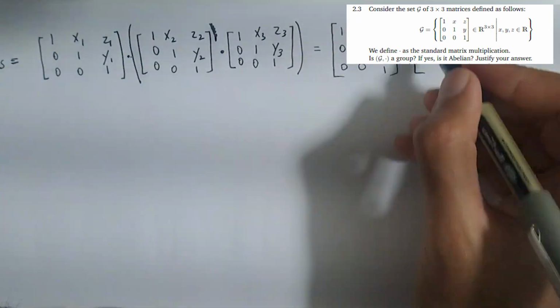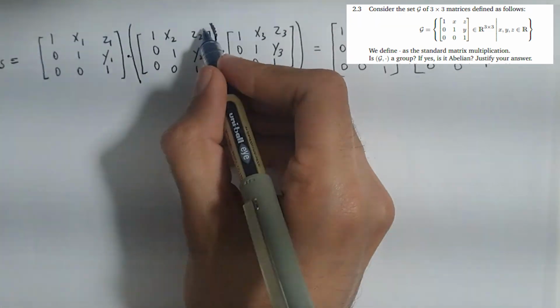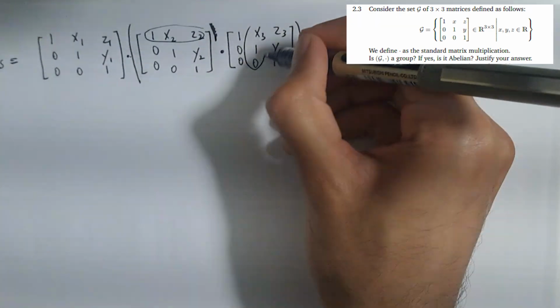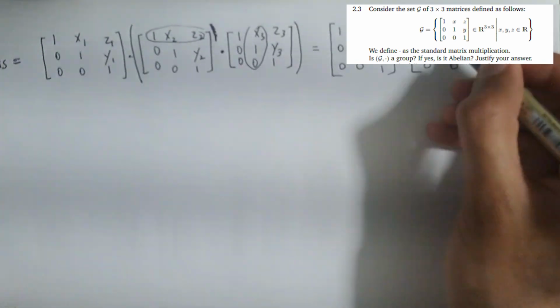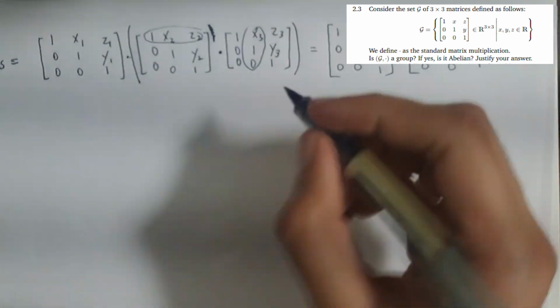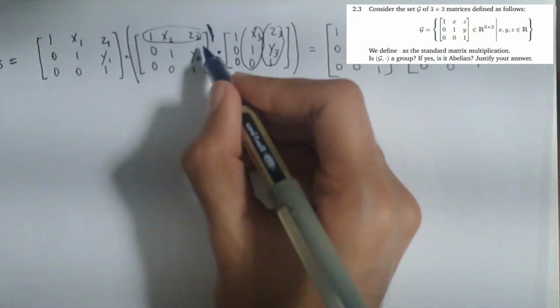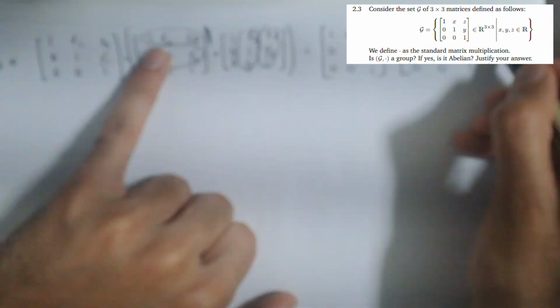And again, similar business. This goes here, that goes there. x3 plus x2, y3 plus y2, and then that would be z3 plus x2 y3 plus z2. Right.